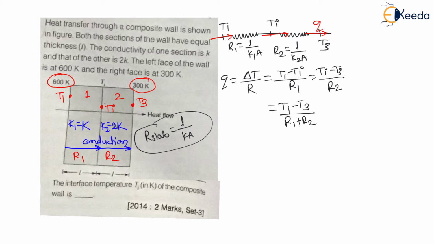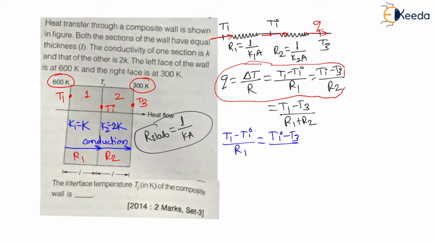So by equating these equations we can get the interface temperature. Let us equate the first two equations: T1 minus Ti divided by R1 is equal to Ti minus T3 divided by R2. Then I will get Ti from this equation.